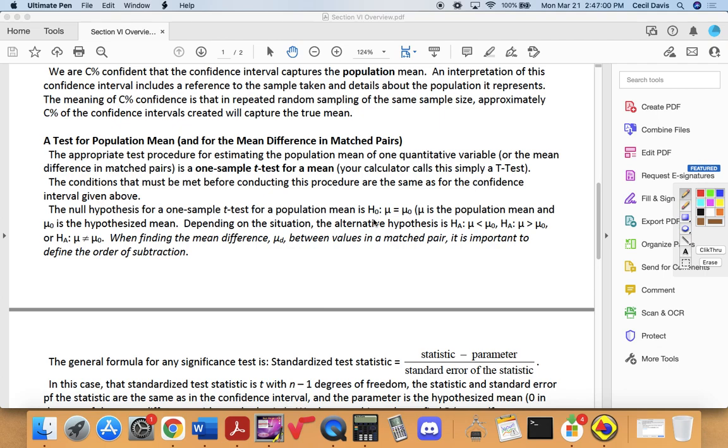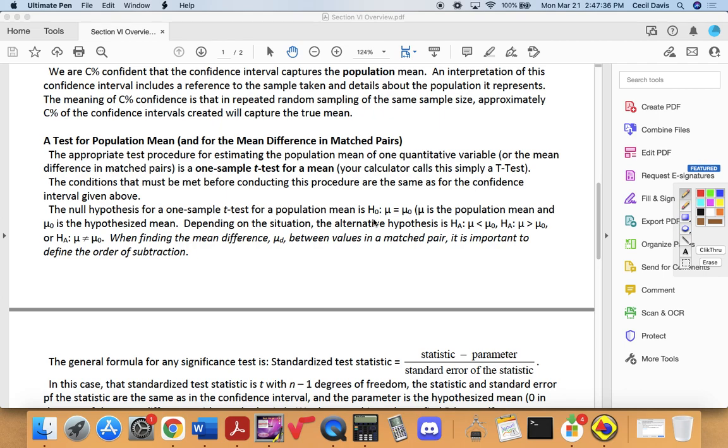The null hypothesis is that the mean of the population, mu, so again, when it's a Greek letter, you're talking about the population, is equal to mu sub 0, which is some hypothesized mean. And depending on the situation, your alternative hypothesis could be that mu is less than the hypothesized, greater than the hypothesized, or just not equal to the hypothesized.